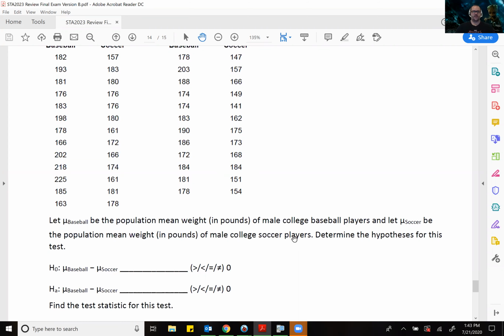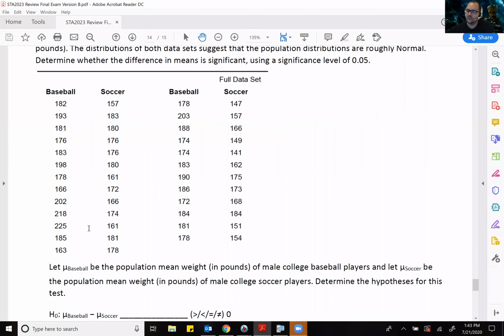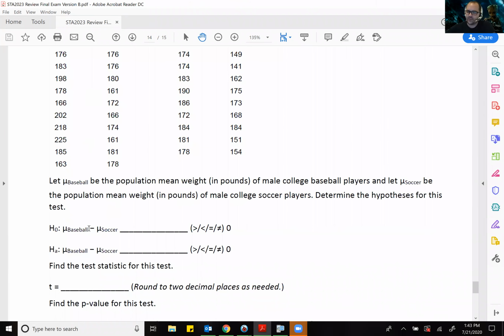When we're thinking about the null hypothesis and the alternative hypothesis, so mu of baseball, that was basketball. Nope, baseball players. Sorry, I might have said basketball. Minus the mu of soccer.